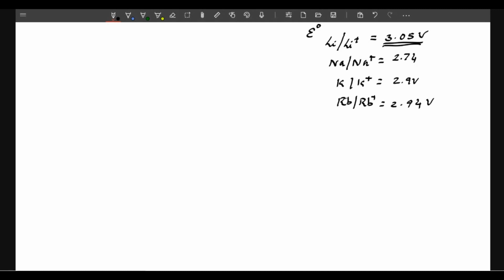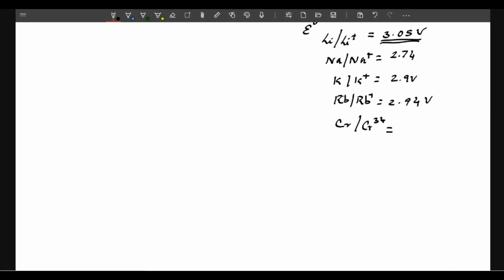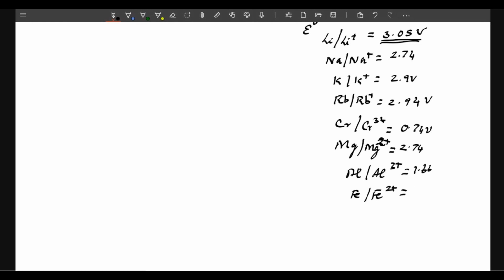Then some others: chromium and chromium 3 plus, 0.74 volt, and magnesium and magnesium 2 plus, 2.74. Aluminium and aluminium 3 plus is 1.66 volt. Then iron and iron 2 plus, 0.44 volt.